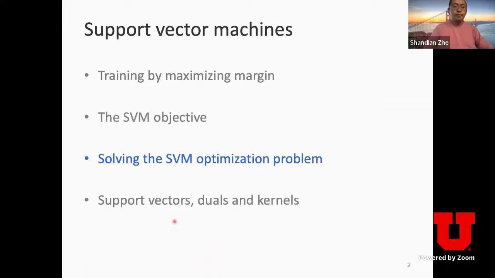What we have discussed so far, we'll talk about the principle about support vector machines, right? So we started with the generalization error bound derived based on VC dimension and agnostic learning setting.